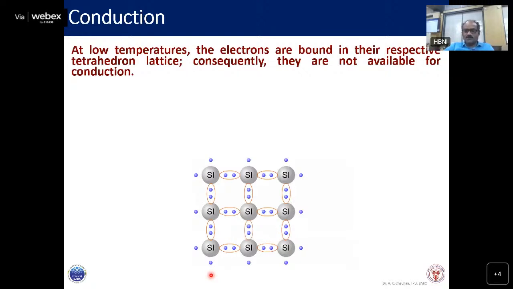So there also there is no free electron. In silicon also there is no free electron. So how will conduction actually take place? At 0 Kelvin there is no chance, because all electrons are bonded to their respective atoms.